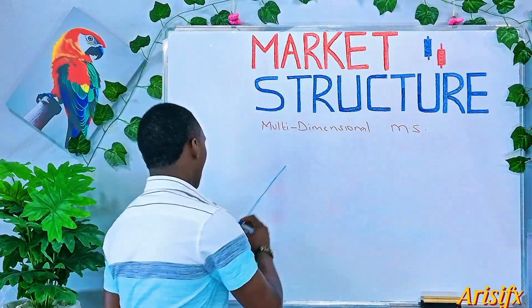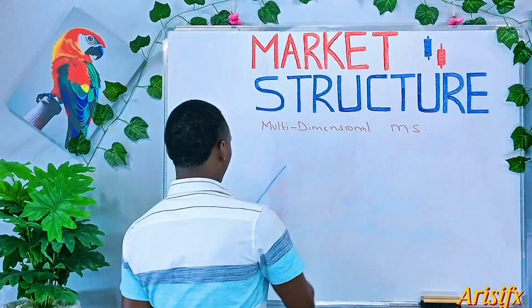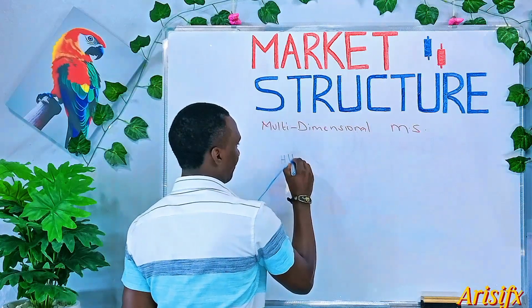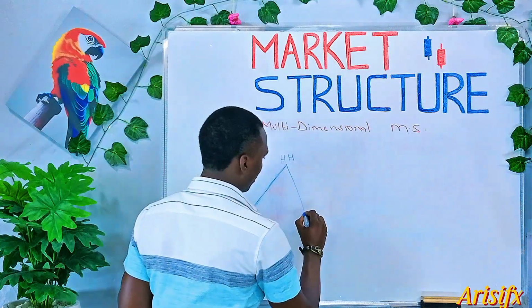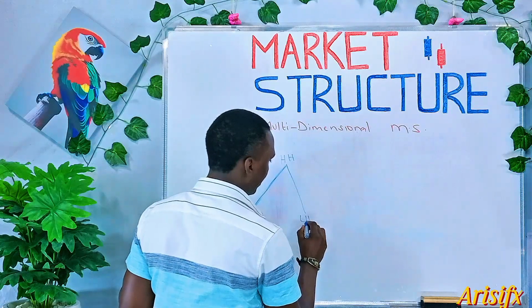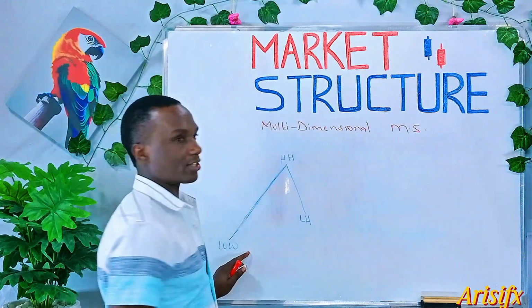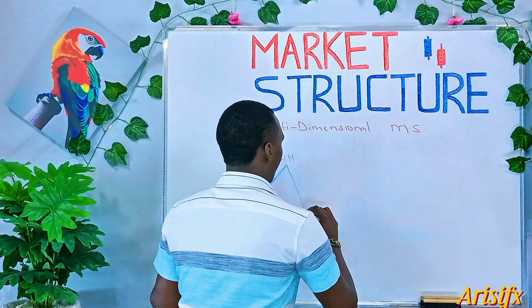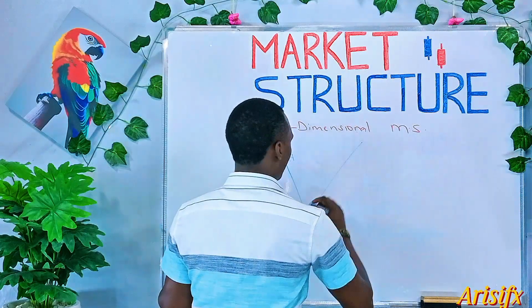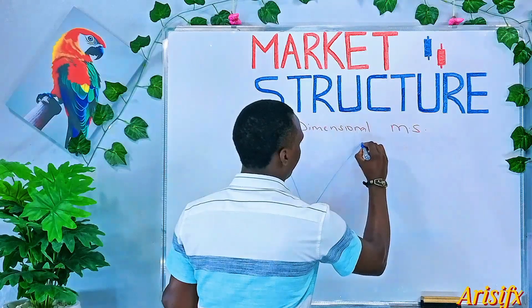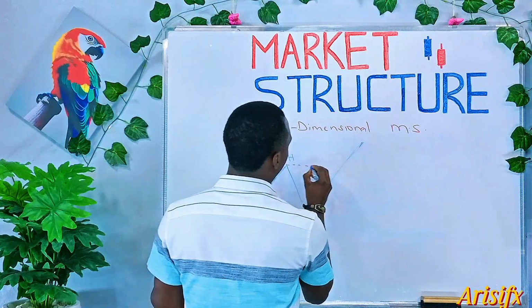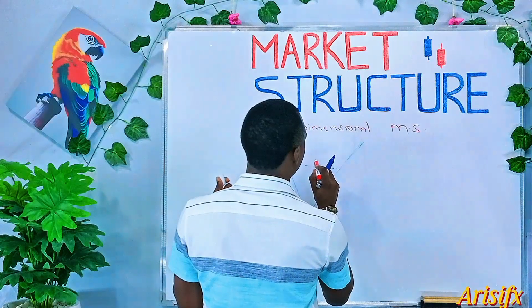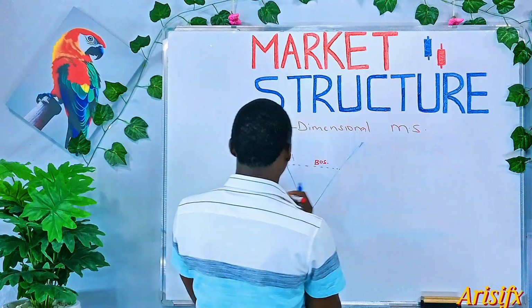You see, on the multi-dimensional structure, the market comes from a low, forms a higher high. Okay, there is formation of a lower high, a lower high that does not break below this low. Okay, the market gains some bullish momentum, goes up, breaking this higher high, and forms a BOS, a break of structure.